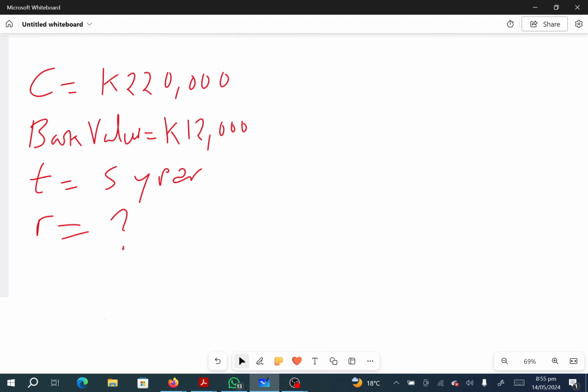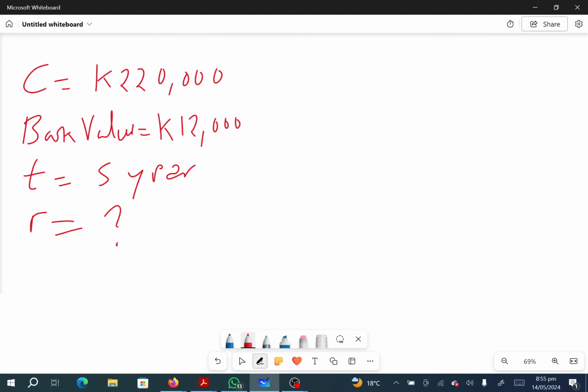With this data and the formula here, our formula says book value, which I can abbreviate as B in terms of time, is equal to initial cost multiplied by (1 minus R) to the power T. In this formula we have been given the book value, the initial cost, and the time. So we are only told to calculate the rate.